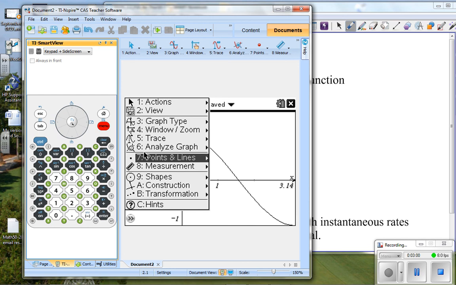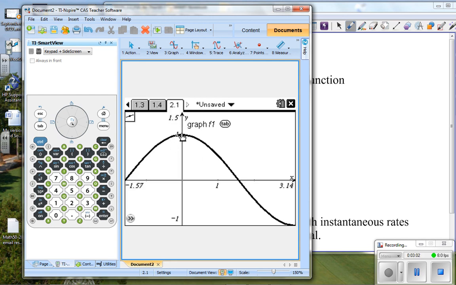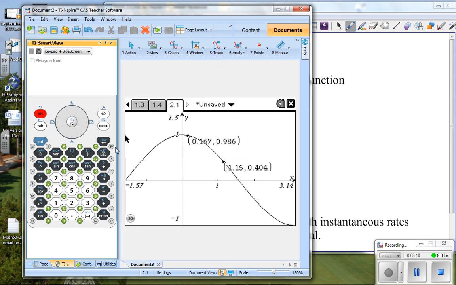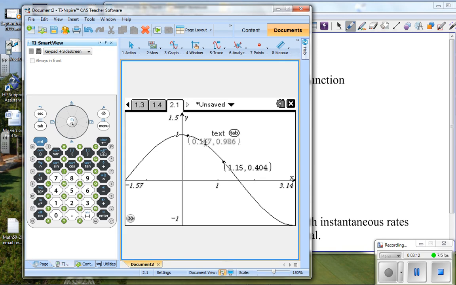Okay, we need to put some points on here. And so be careful. Don't try to place it right at 0. Again, as we know, sometimes the Inspire thinks it's at a point and it's not. So it's best if you just go ahead and change those coordinates so that we know we are specifically at the point we want.